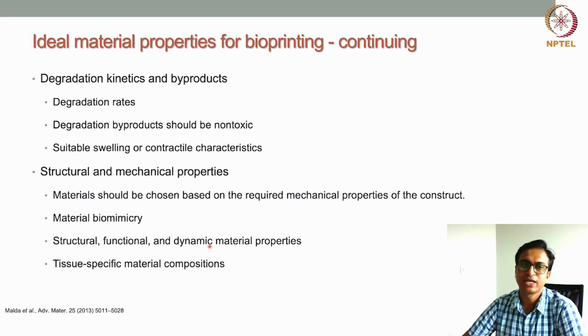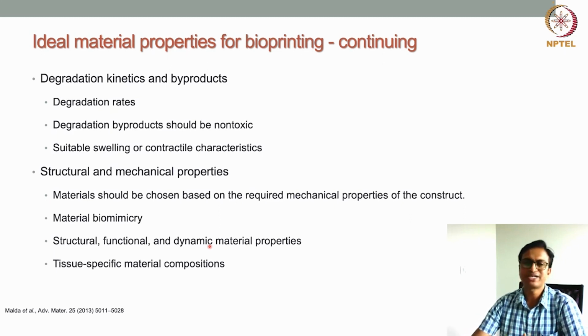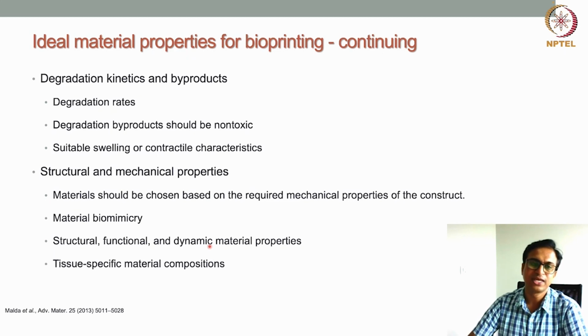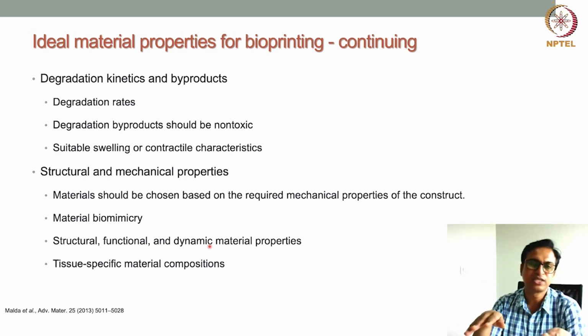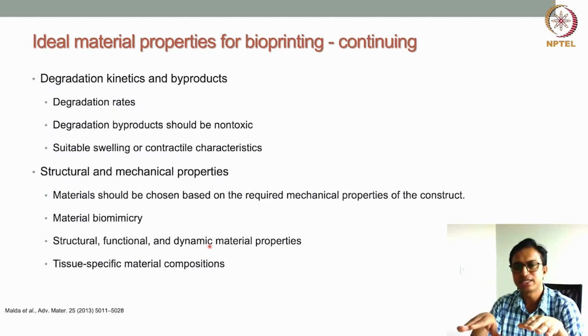In tissue engineering, the extracellular matrix that we provide in terms of biomaterials would degrade, and simultaneously the cells will produce their own extracellular matrix. So these two rates should match, the degradation rate of the biomaterials and the ECM production by the cells.